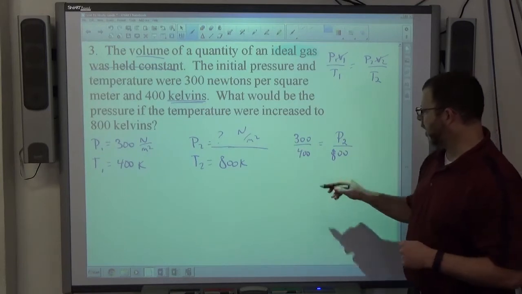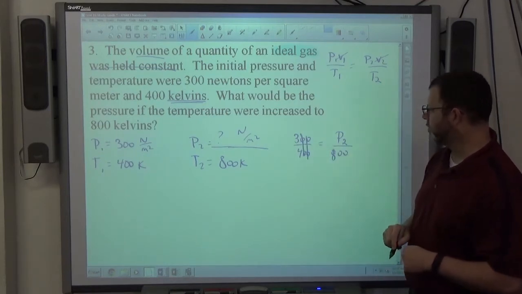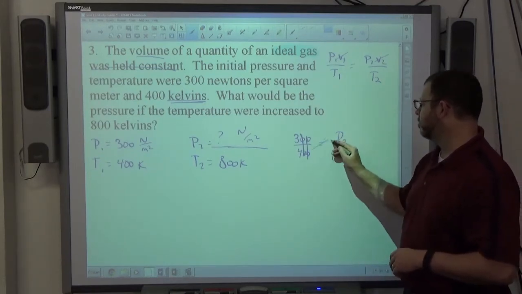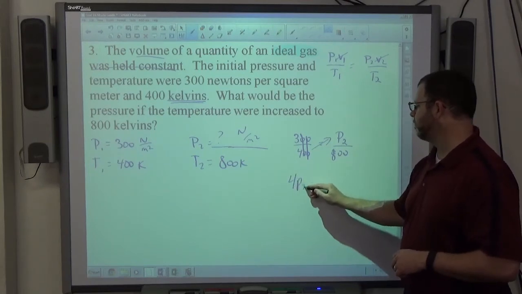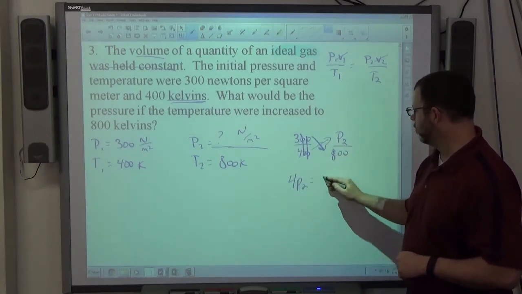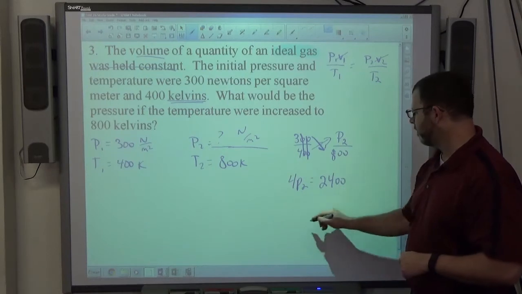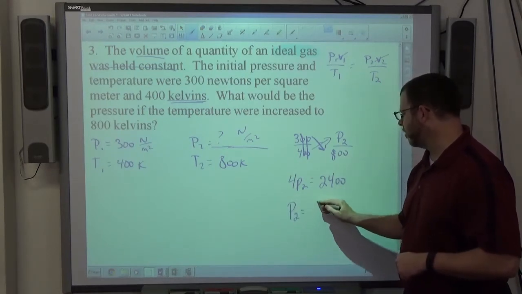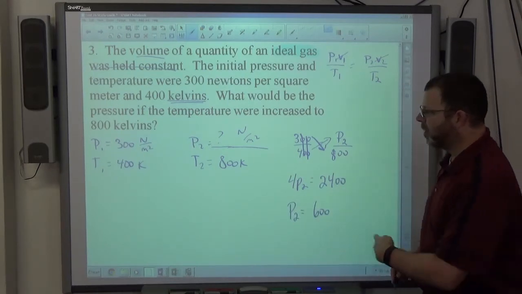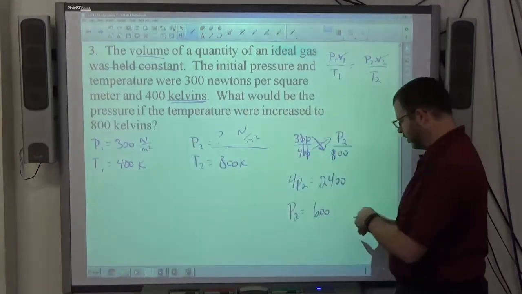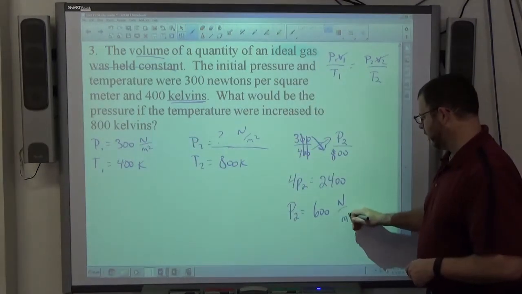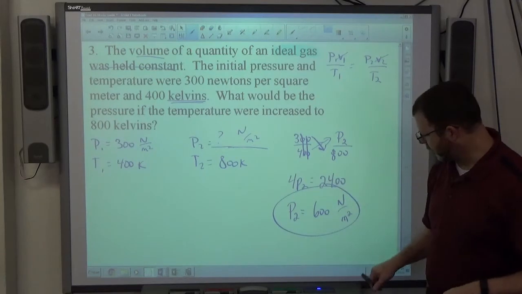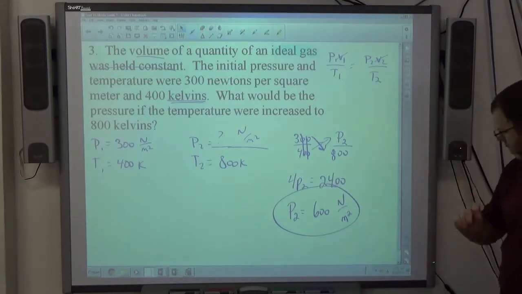And you can reduce to 3/4 instead of 300 over 400. Cross multiply: 4 P2 is equal to 2,400. Divide both sides by 4, we get P2 is equal to 600. And again, pressure unit is newtons per meter squared, 600 newtons per meter squared. Make sure you put the proper units on those.